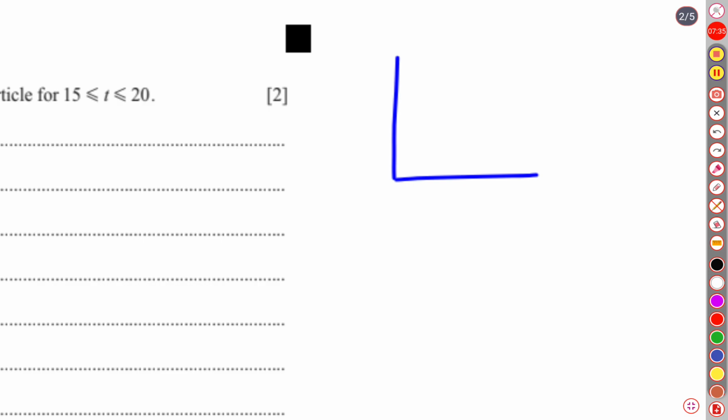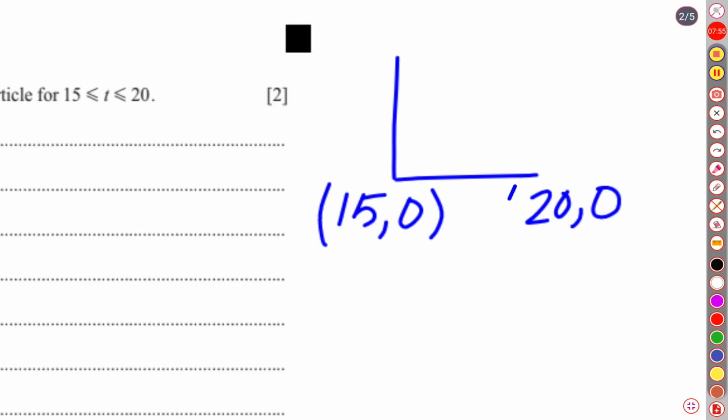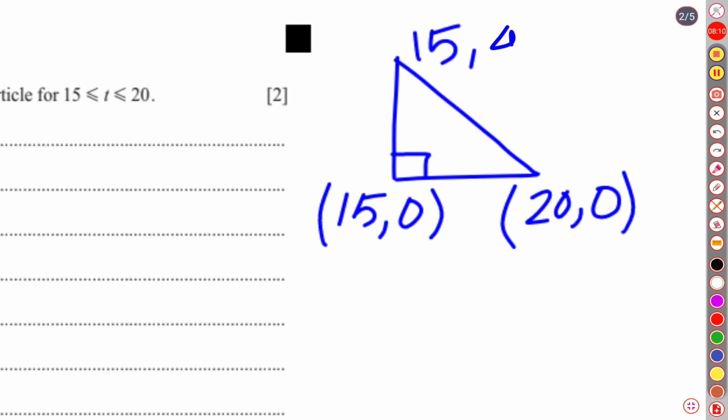Here the coordinates were (15, 0), and here (20, 0), time was 20 seconds and velocity was 0. Then the horizontal coordinate was 15 and the y coordinate was v, meaning 4.8.